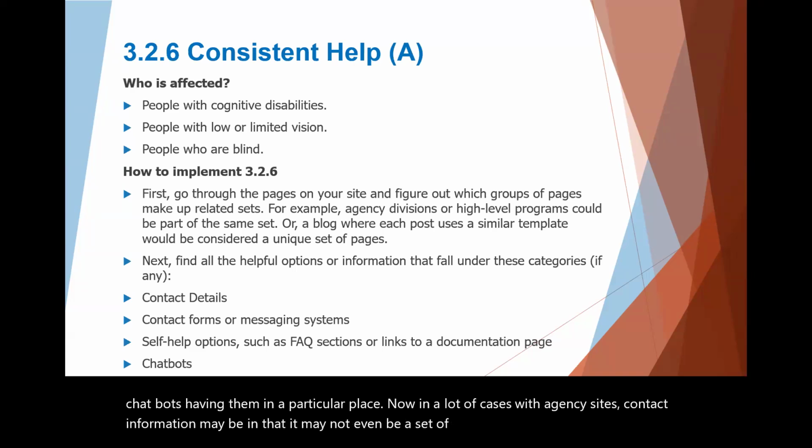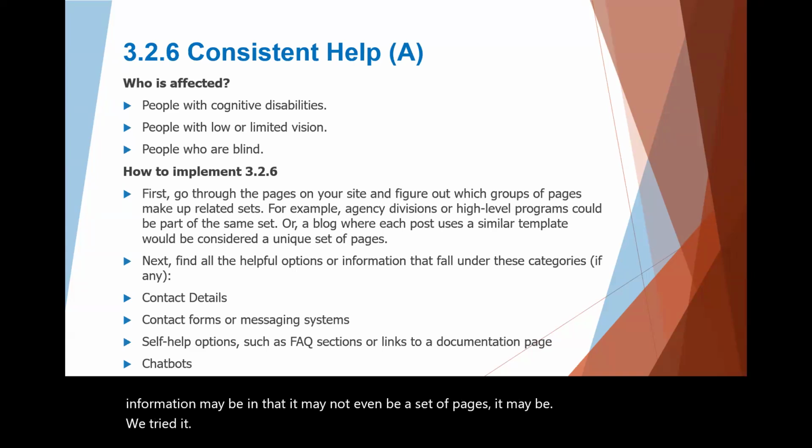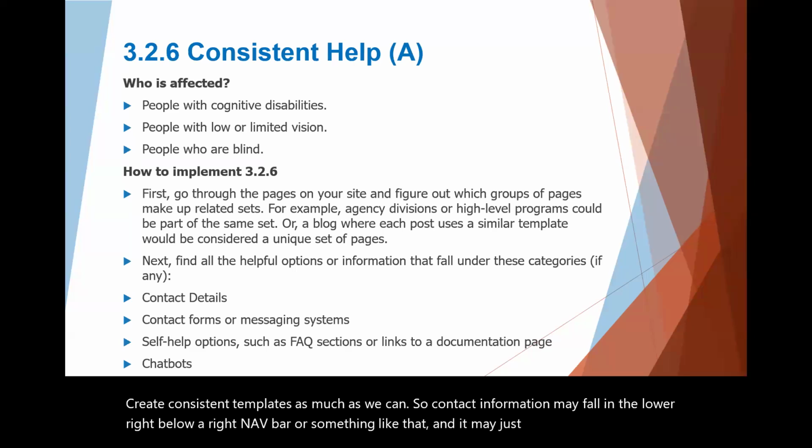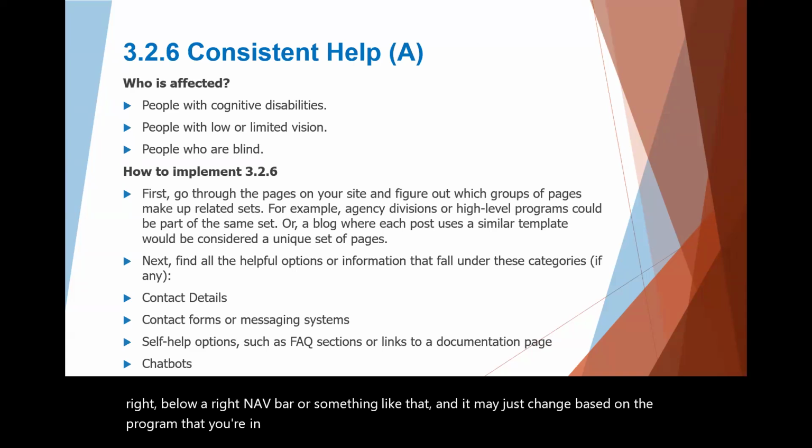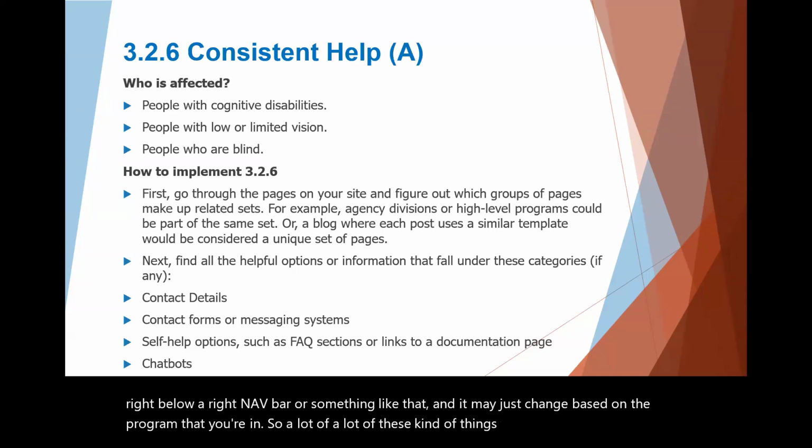We try to create consistent templates as much as we can. So contact information may fall in the lower right below a right nav bar or something like that. And it may just change based on the program that you're in. So a lot of these things, we're already following.